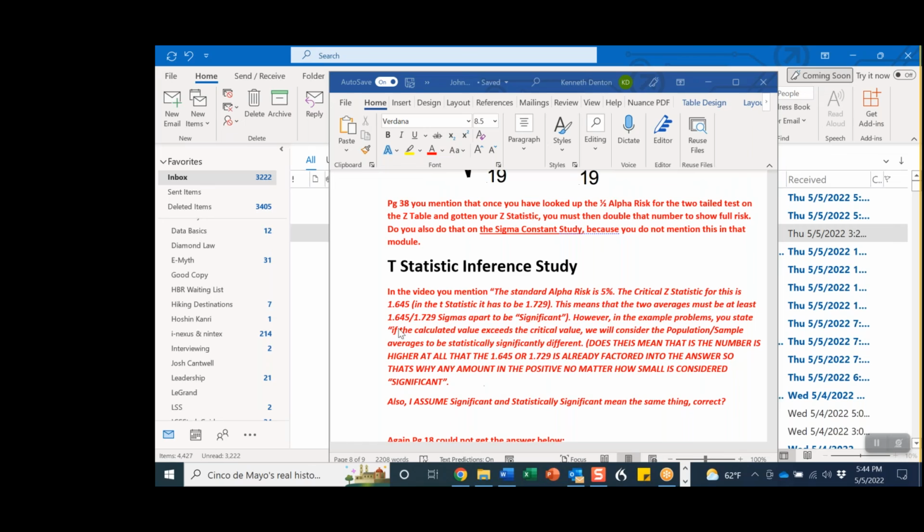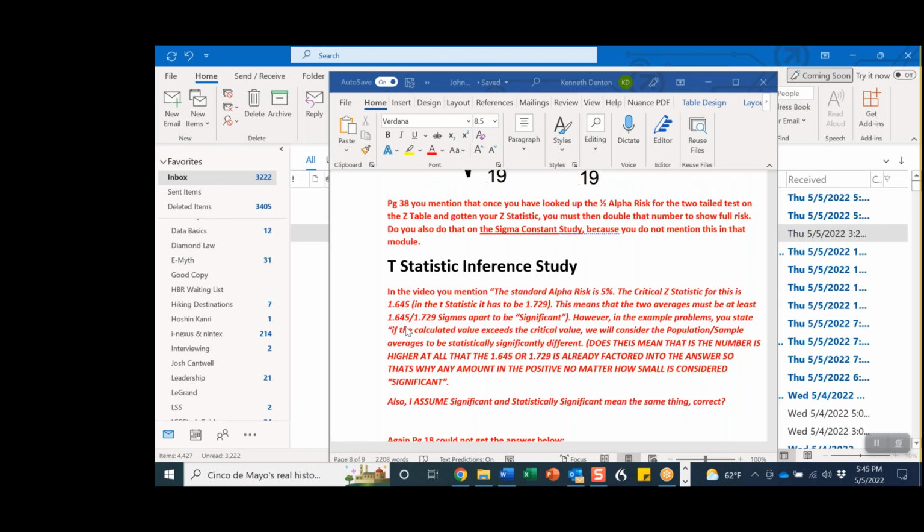I almost would have to do a problem to get you to understand what I'm trying to say. Let's say the calculated answer is 0.645, not 1.645.